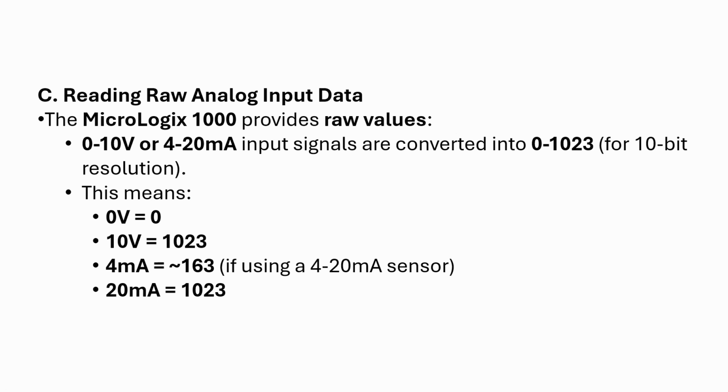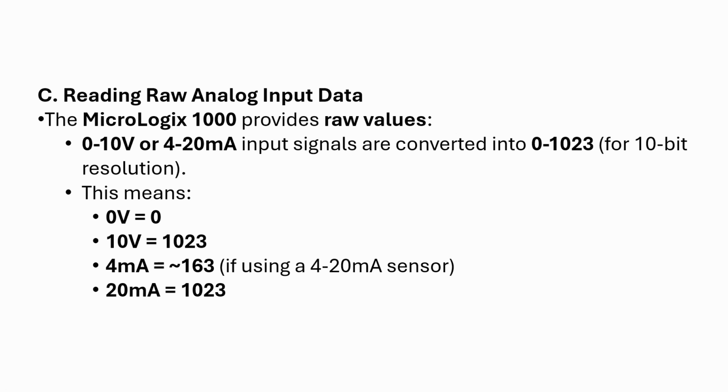As far as reading raw analog values, the MicroLogix 1000 provides raw values from either 0 to 10 volt or 4 to 20 milliamp signals. These signals are converted into a raw value from 0 to 1023, which represents 10-bit resolution.